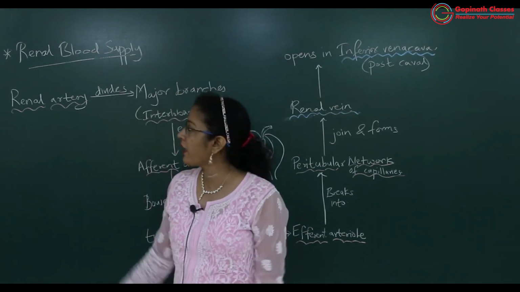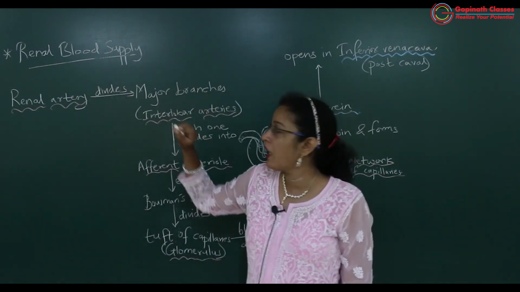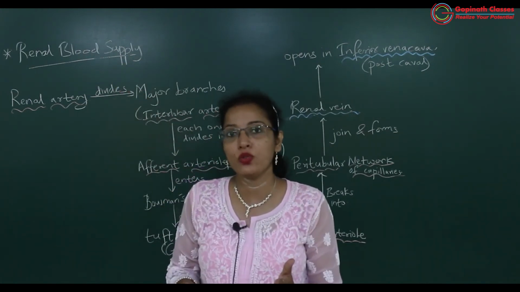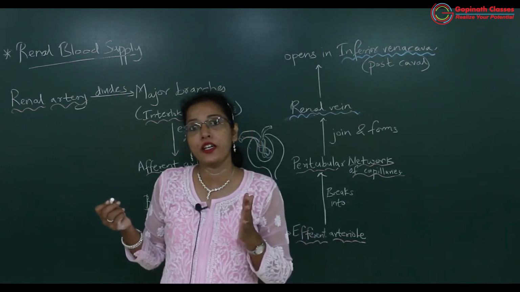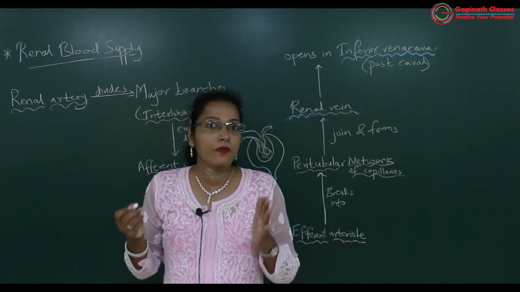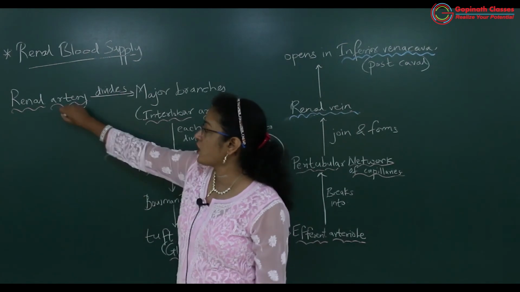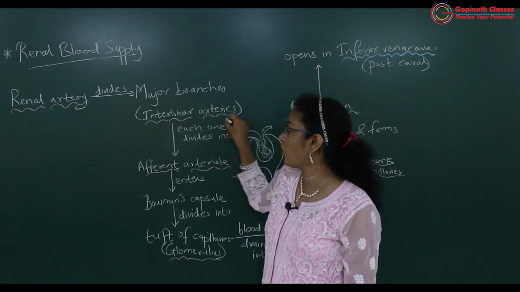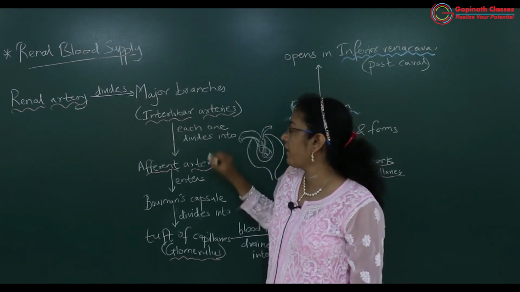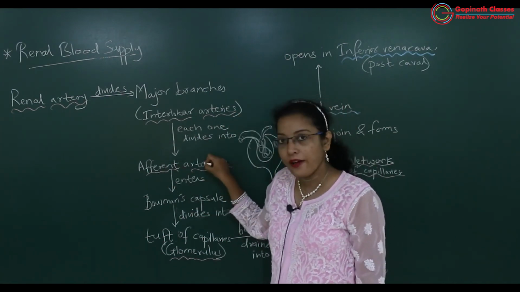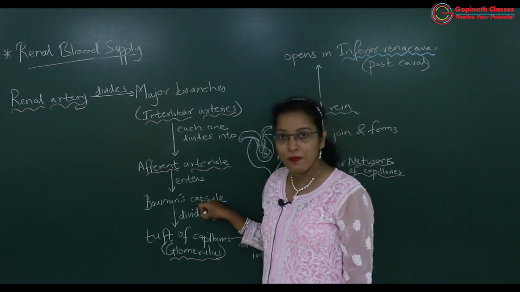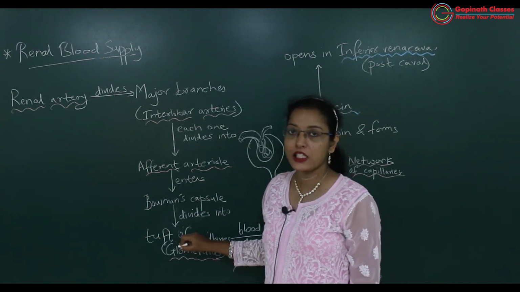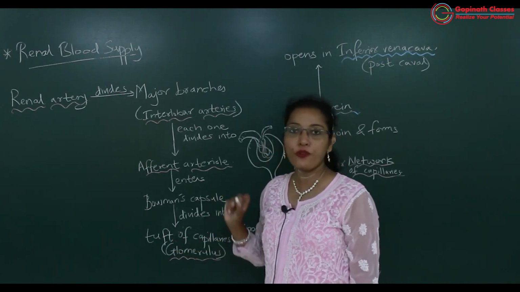So, what did we study in renal blood supply? We studied how oxygenated blood is supplied to the kidney and how deoxygenated blood enters the inferior vena cava. The renal artery divides into major branches, that is interlobar arteries. Each one divides into afferent arterioles. The afferent arteriole enters the Bowman's capsule, and divides and redivides into a tuft of capillaries, that is glomerular blood capillaries, almost 50 in number.